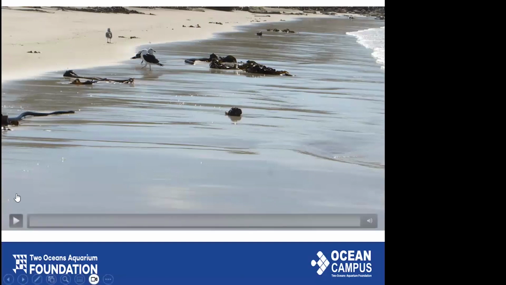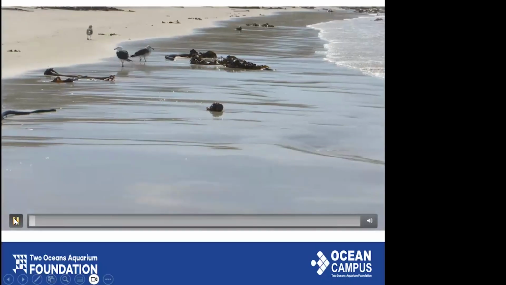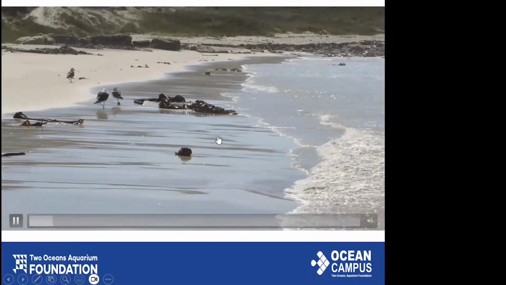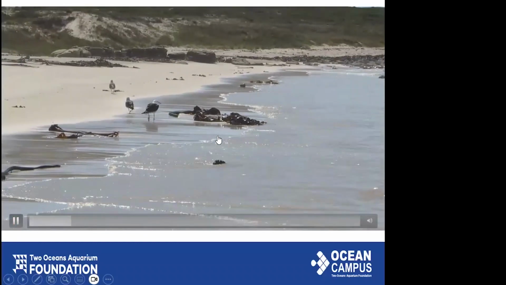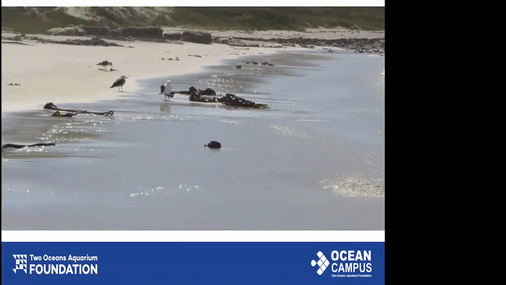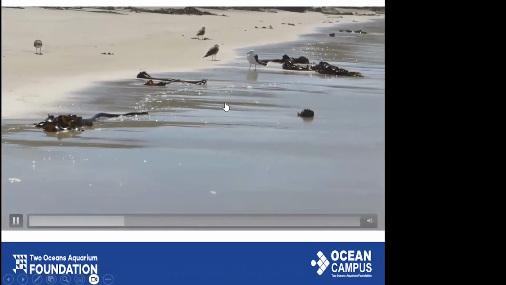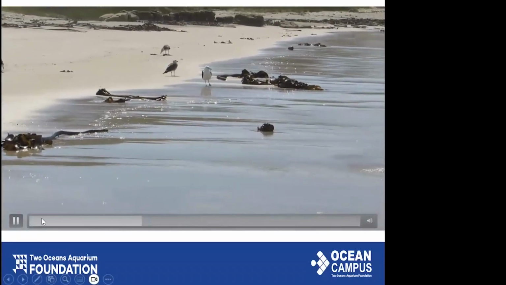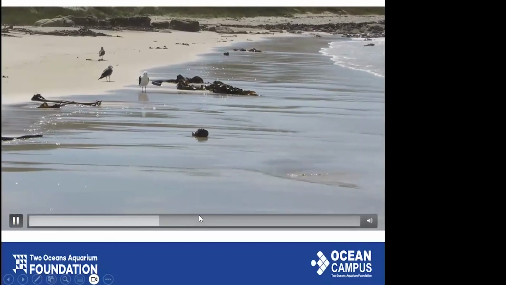There are obviously other challenges. Within this environment, you've also got gulls entering here, looking out for animals, and they will pick those up and feed on them. So there is definitely some predation in this environment as well.